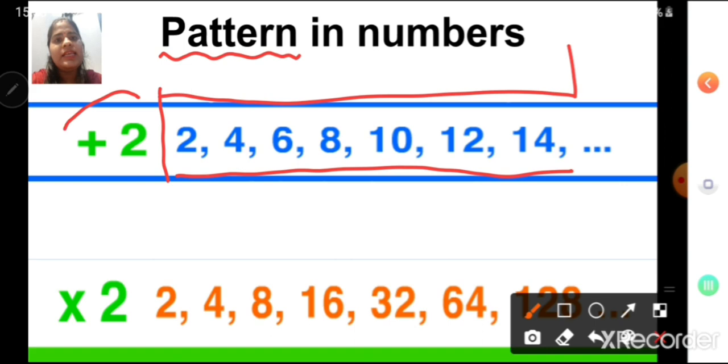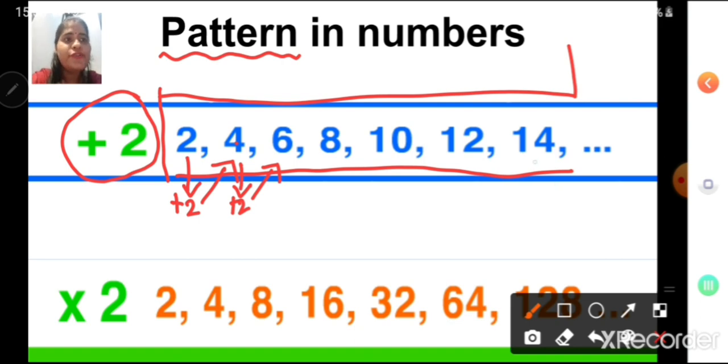The pattern is +2. If I add 2 plus 2, I get 4. Then again, adding 2, 4 plus 2 is 6, 6 plus 2 is 8, 8 plus 2 is 10, 10 plus 2 is 12, 12 plus 2 is 14, 14 plus 2 will be 16. So the pattern will go on. So this is a pattern in numbers.